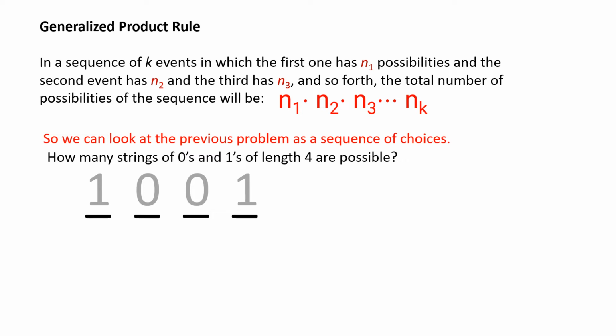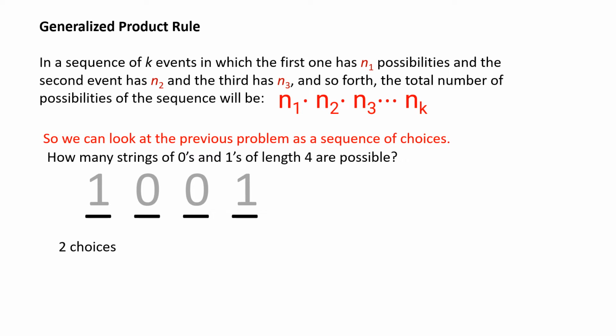So for this same problem that we just looked at, we had the question, how many strings of zeros and ones of length 4 are possible? We can look at that as a sequence of choices. The generalized product rule starts out with a sequence of k events. So our events are going to be choices here, and we're going to say, okay, I'm going to be making 4 choices. First of all, I'll make the choice of what to put in that first slot. And how many possibilities do I have? I would have 2 possibilities here, either a 0 or a 1 could go there.